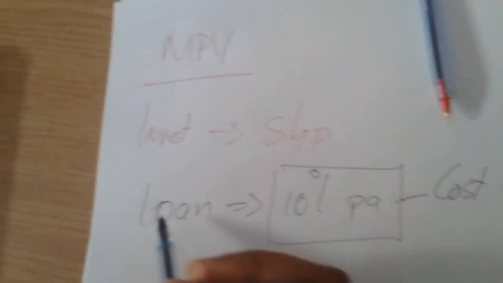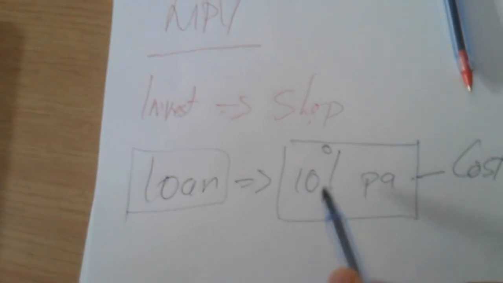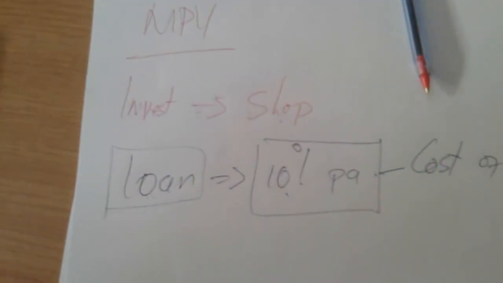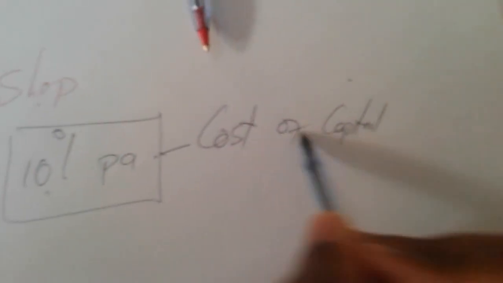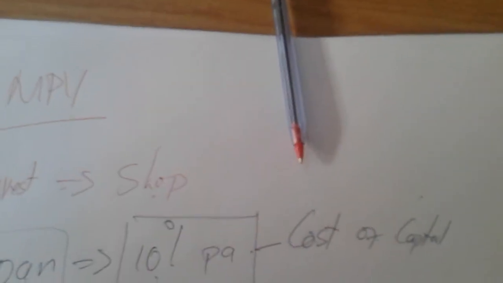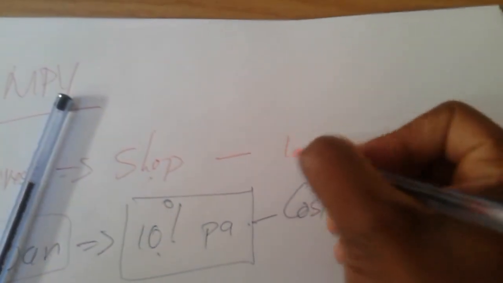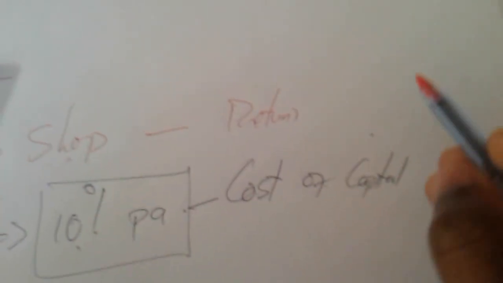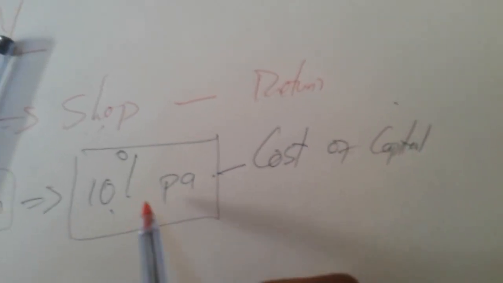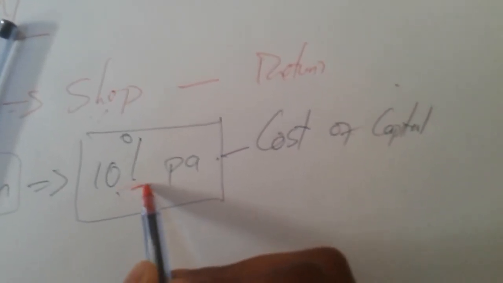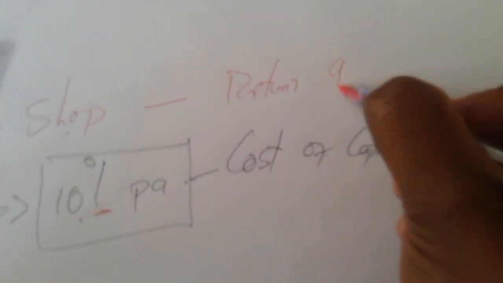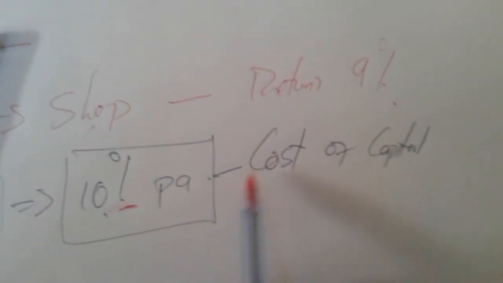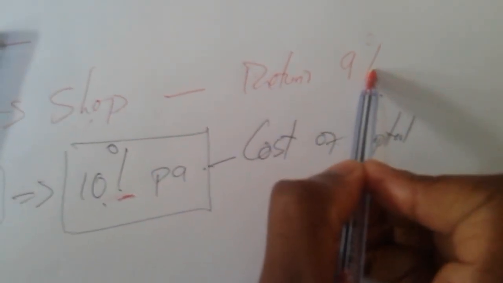Because remember, this is your capital, right? And this is how much it costs you to use that capital. So the 10% is a cost of capital. So in simple terms, the return of this shop must be big enough to allow you to recover your cost. So if your return is 9%, there's no need to waste time, because the cost is more than the return.